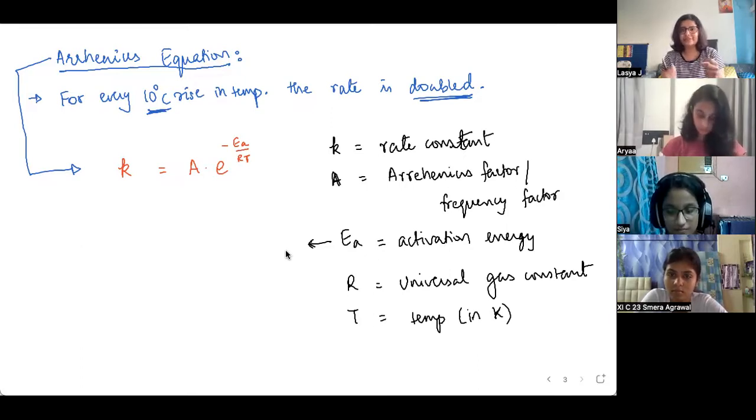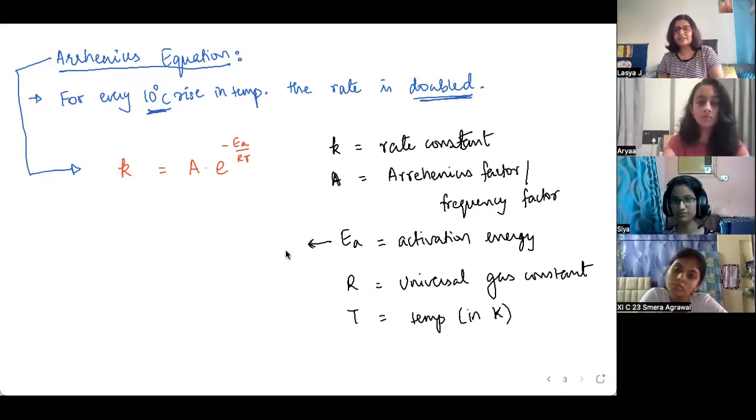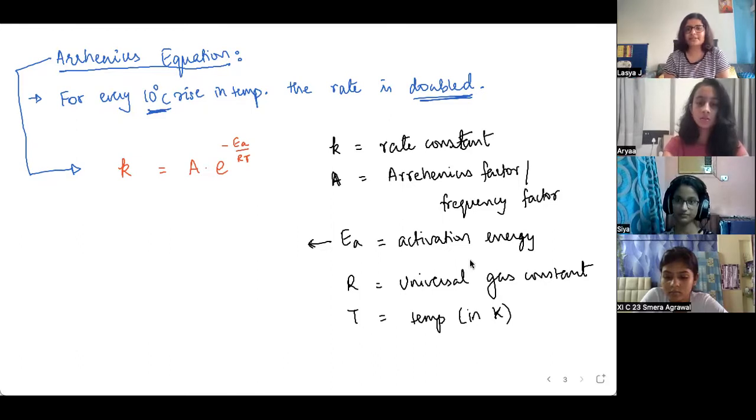Even for a candle, you're bringing an existing flame close to it in order to kickstart that reaction. So by increasing the friction or by bringing the flame close, you're giving that activation energy to those reactions so that they can happen and continue on their own.